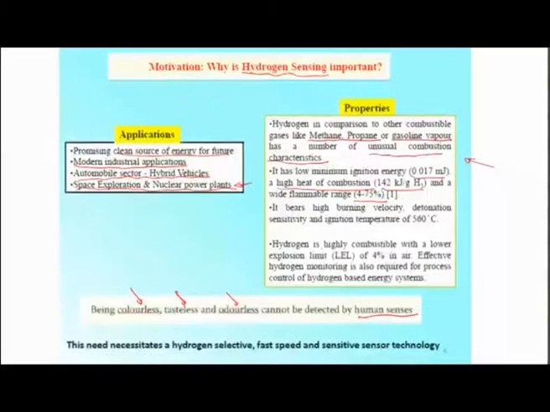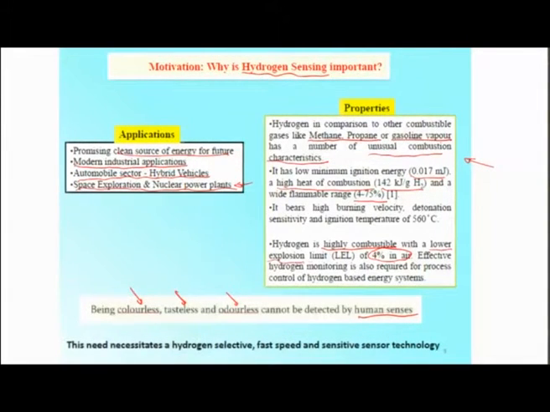The other very important point is hydrogen is a highly combustible gas, with almost 4% in air being able to explode. Okay, so only 4% hydrogen, if present in air, is good enough to create an explosion. So, it has a comparatively low explosion limit.